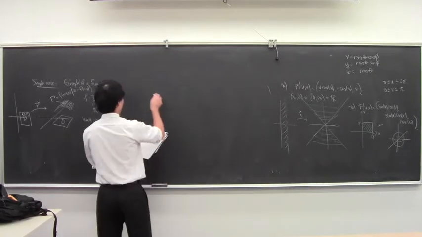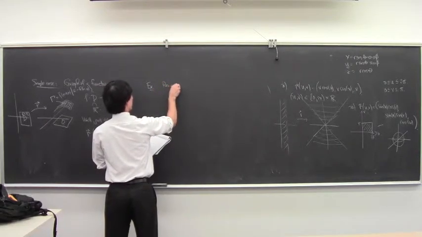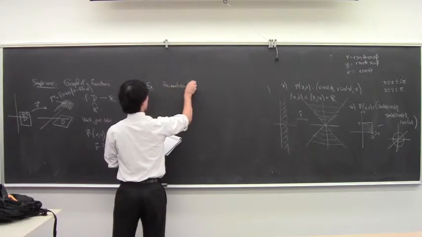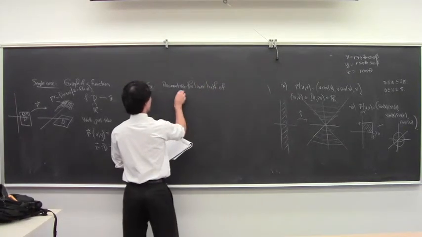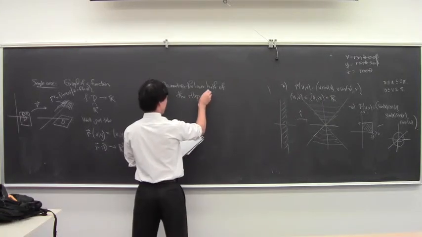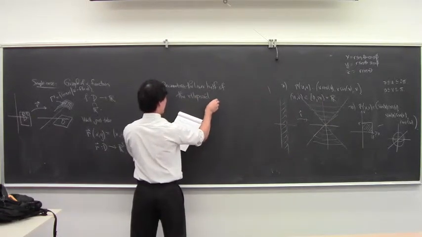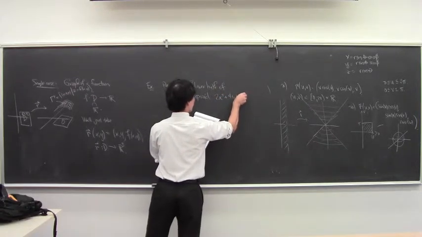So for example, if somebody says, please parameterize the lower half of the ellipsoid 2x squared plus 4y squared plus z squared equals 1.